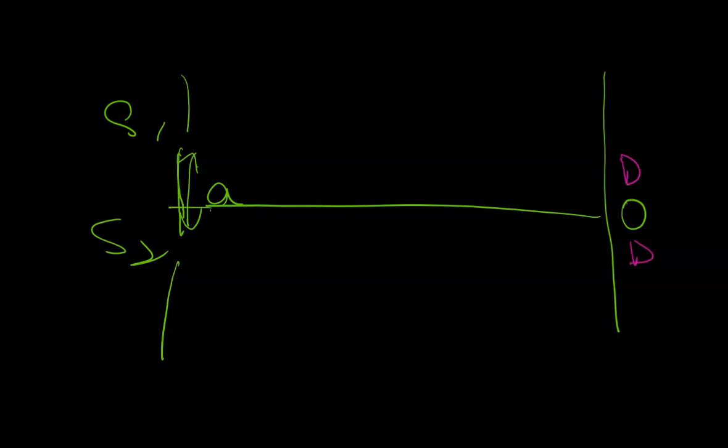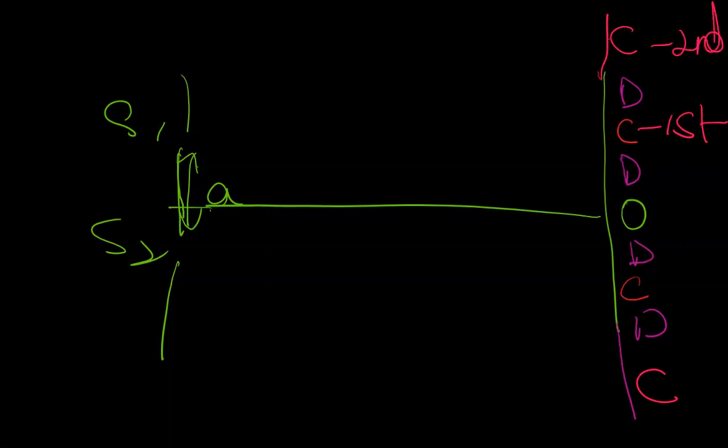And after first order destructive, I would have had constructive. And then after that, I would have destructive. And then after that, I would have had constructive, right? So this would be first order, this would be second order. This would be first order, this would be second order, right?